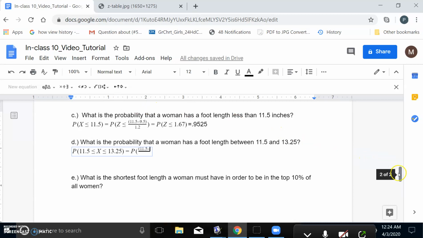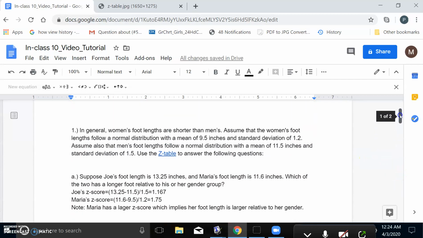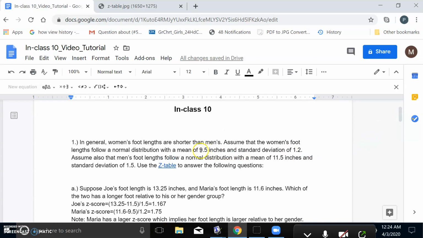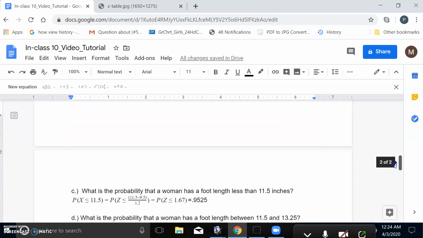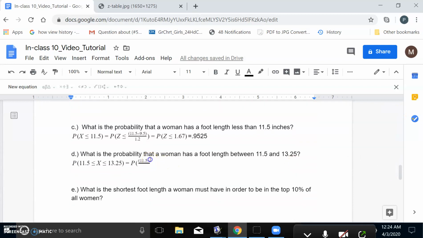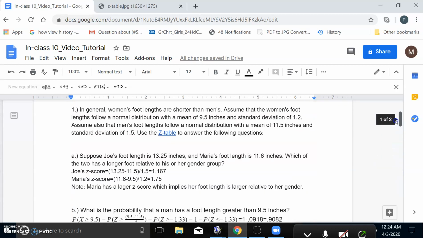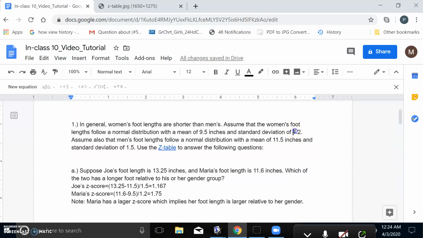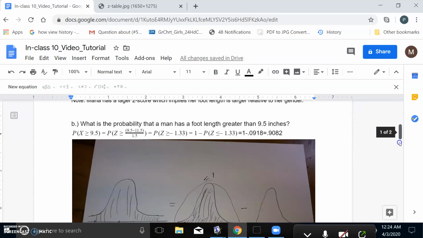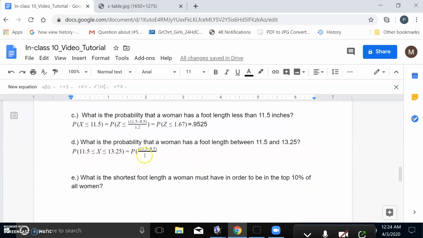Going back up here, the mean for women is 9.5, over the standard deviation for women, which is 1.2. Let me double check it. Yep, the standard deviation is 1.2.